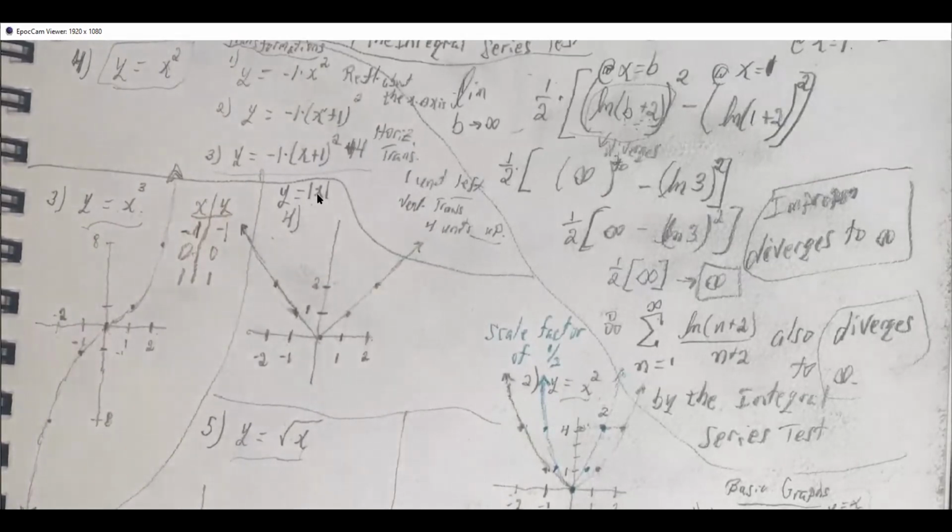Anytime the variable x is multiplied by a number inside the function, not multiplied outside the function, then we do the mathematical inverse of whatever it says inside, and we either stretch it further away from the y-axis or shrink or compress it closer to the y-axis.